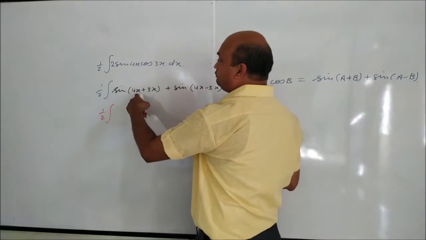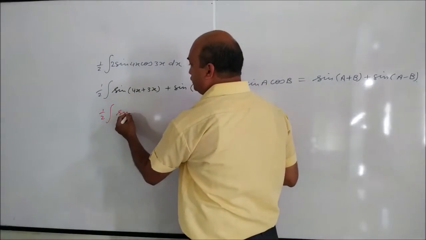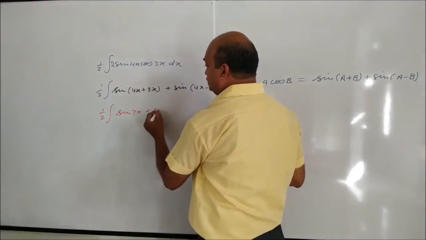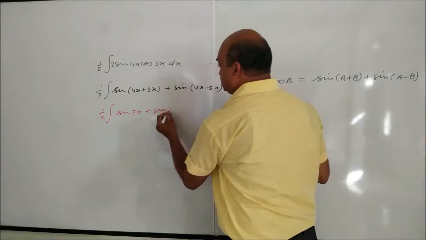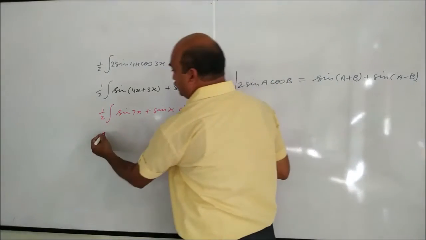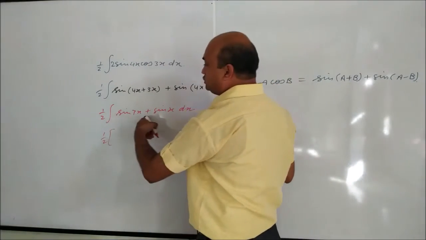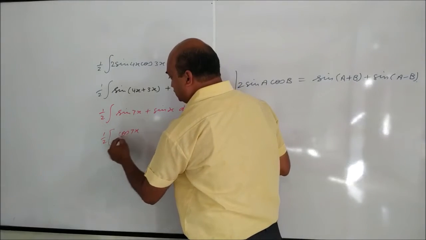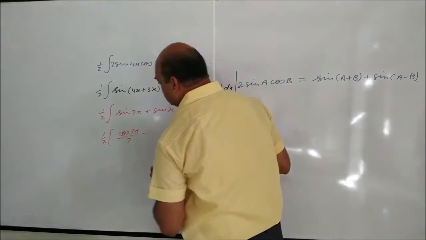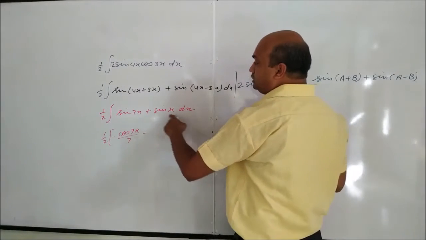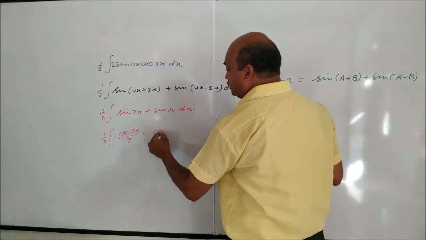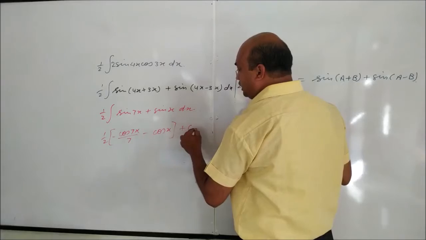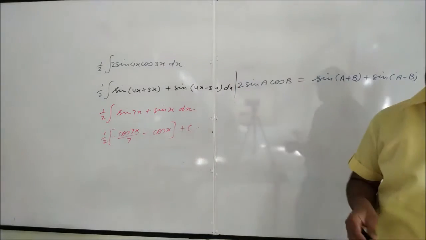Integration. You see, it will be sin 7x plus sin x dx. Okay, and integration sin 7x will be minus cos 7x by 7, and integration of sin x is minus cos x, plus we add a constant c.